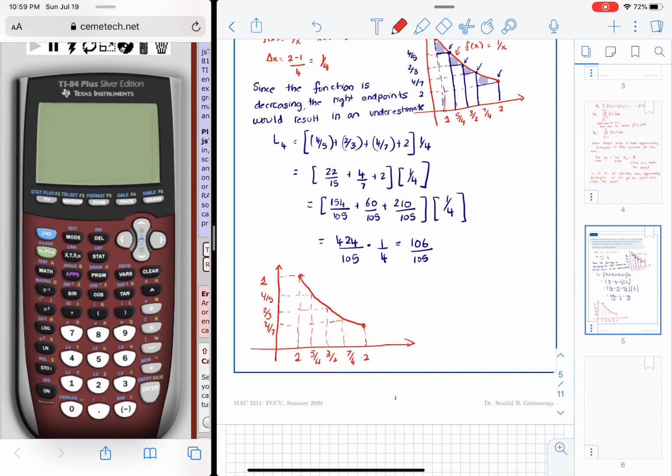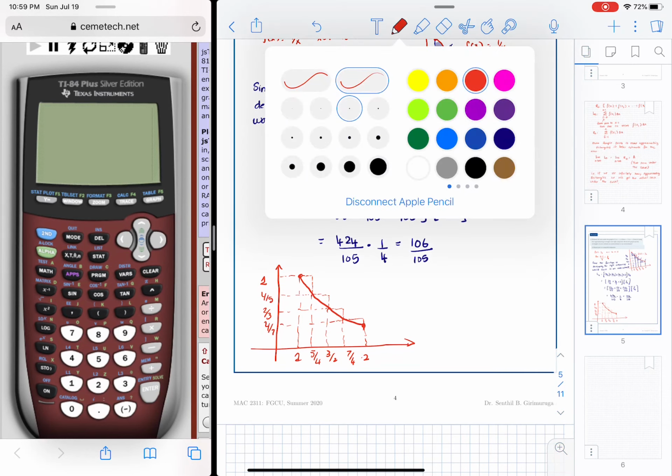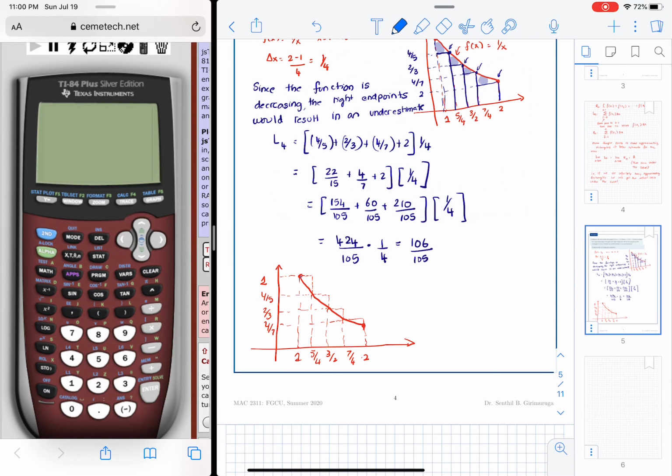So the first rectangle is going to be that. The second rectangle would be that. The third would be that. And the fourth would be that. So I'm going to go ahead and use a different color for the rectangles.